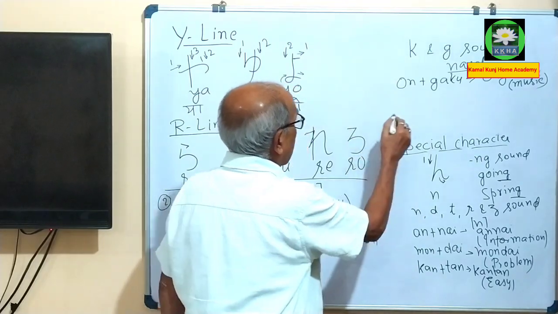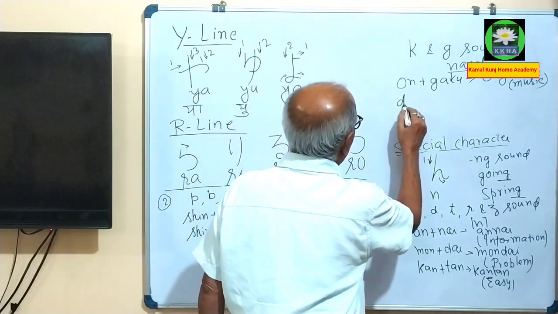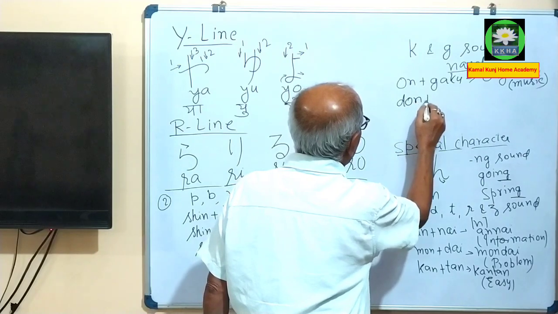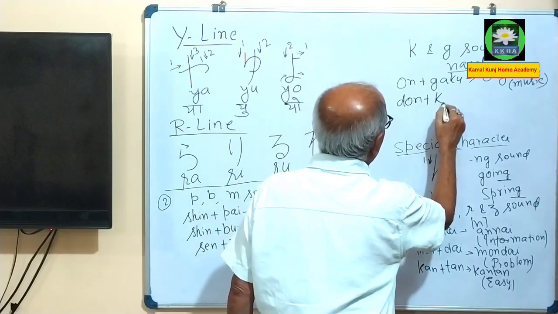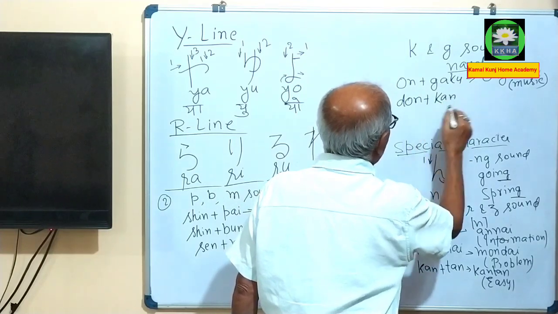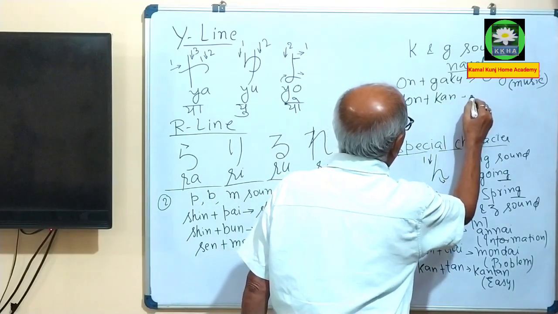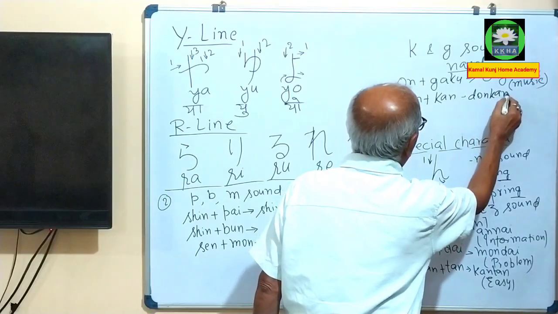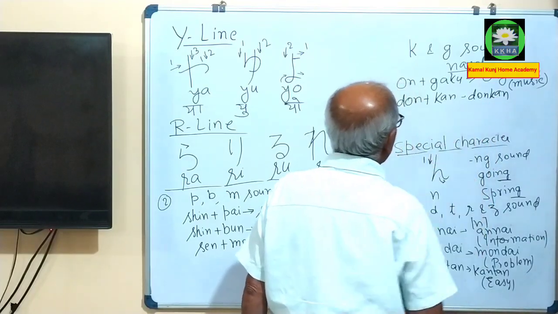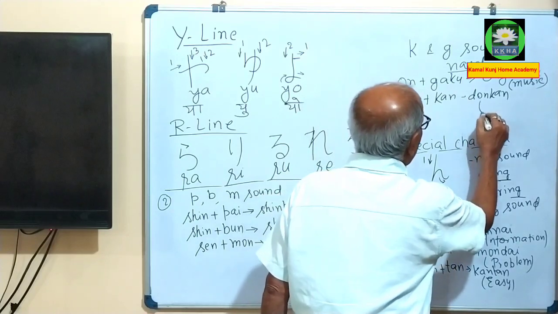When followed by K sound, for example, don plus kan, donkan. It means insensitive.